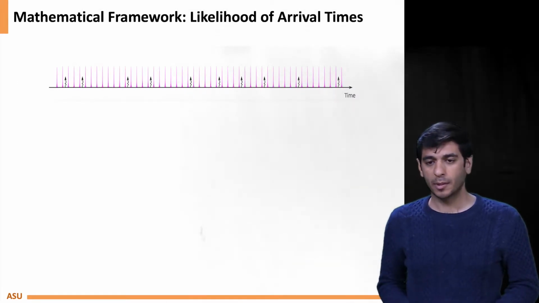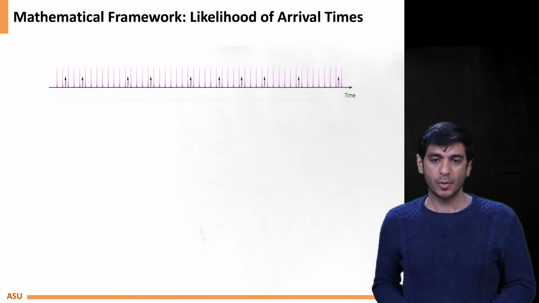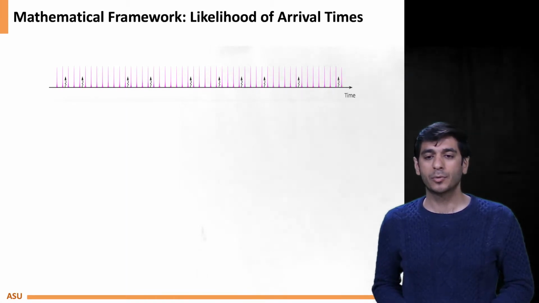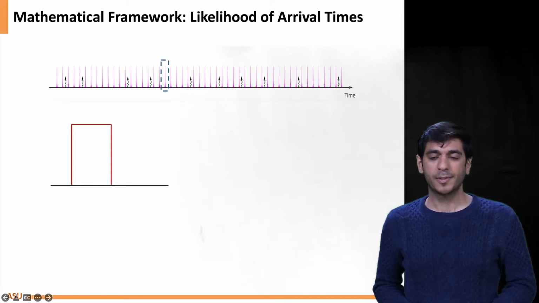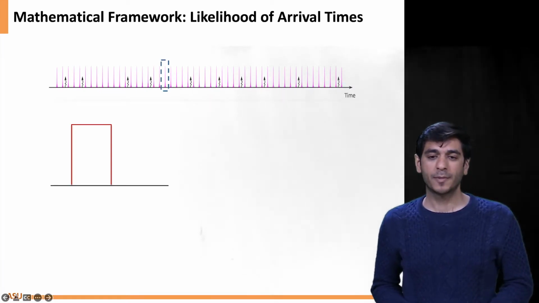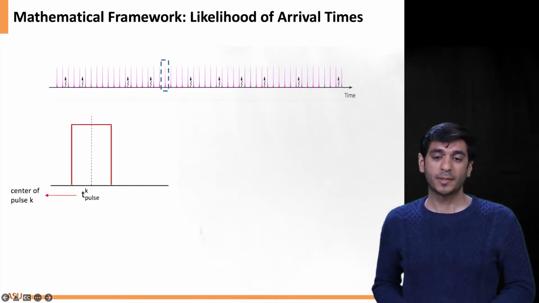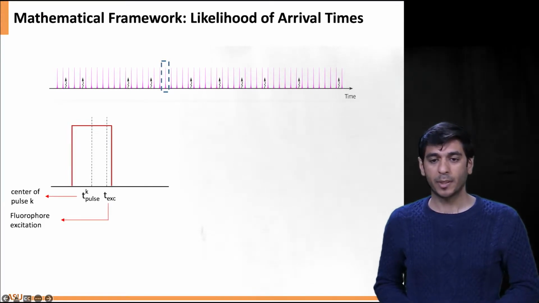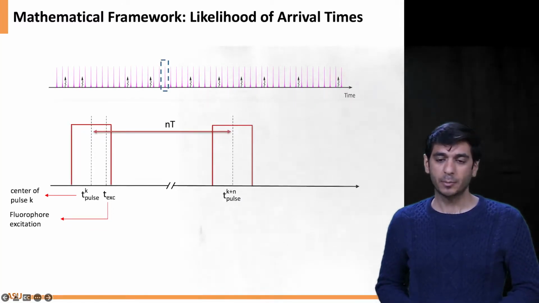In this slide, I'm going to talk about the likelihood of the photon arrival times. On the top, you see the train of illumination pulses used to excite the fluorophores. For the sake of explanation, I'm going to show one of these pulses by a box centered at T_k. Let's assume that during this pulse, a fluorophore gets excited at time t excitation, and then it emits a photon after n pulses.